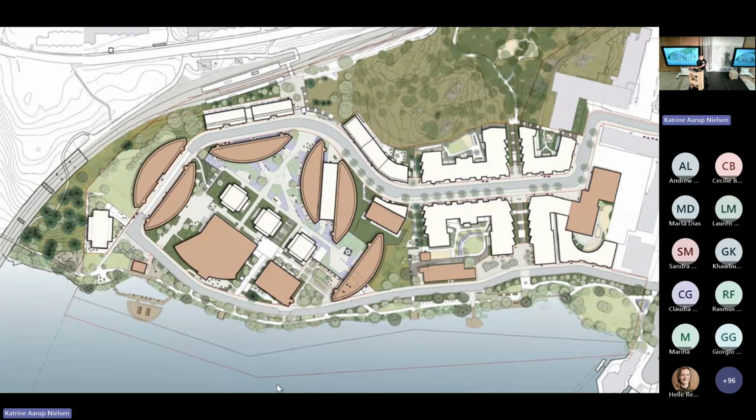Because we thought it was a problem that this was a single-use area, only office, but we were going to convert it into a single-use area of residentials. So that's what we want to achieve now, and the plan is not ready, but this is what we're working for now.